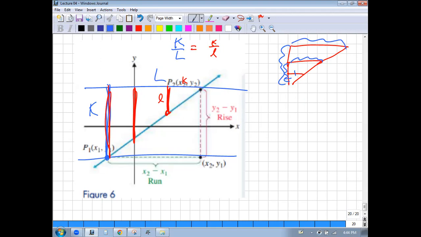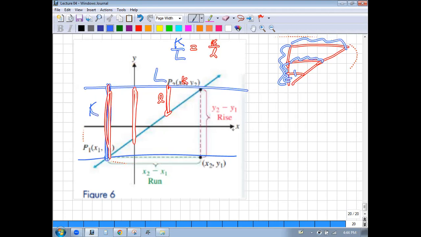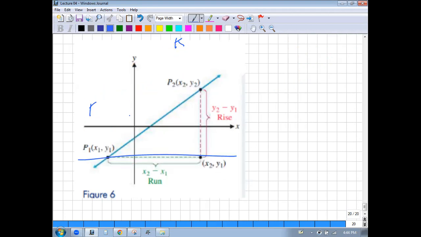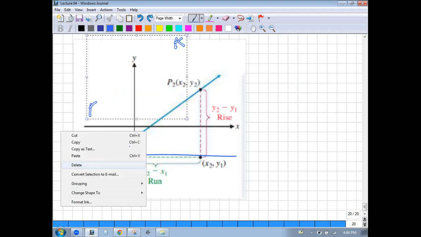That ratio is the same for all those triangles because those are the same triangles. They're just bigger or smaller. Okay. Let's get rid of all this stuff. So what we want though is we want uphill to give us a positive slope. We want downhill to give us a negative slope. Okay.